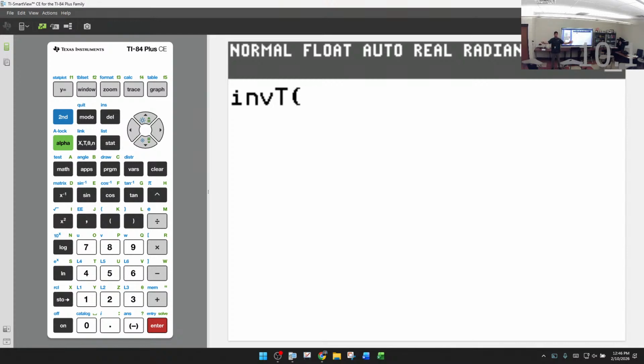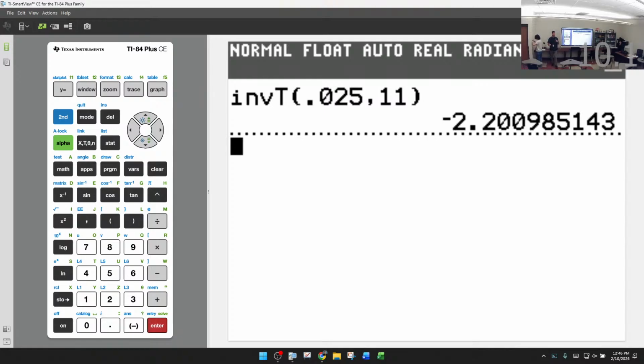Be careful if you're going to use the TI to do that. Then you put your DF, which was 11, and that gives me the negative one. That's fine, it's that same 2.201.